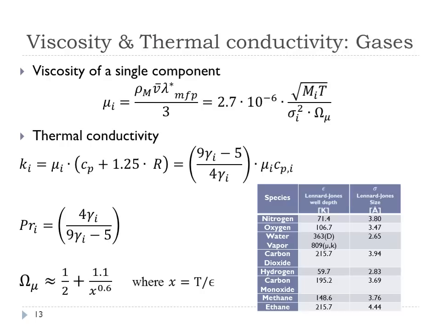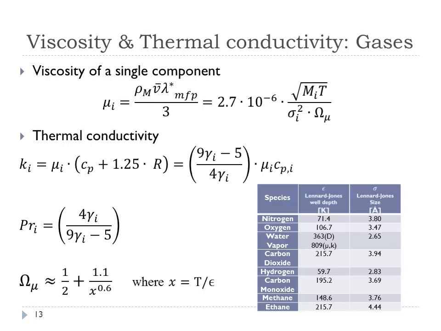I want to point out the thermal conductivity of a gas is also fairly easy to calculate. Once you have the viscosity, you just multiply it by the quantity C sub P plus 1.25 times R. So if you know the specific heat constant and you know the viscosity, then you know the thermal conductivity of a gas.